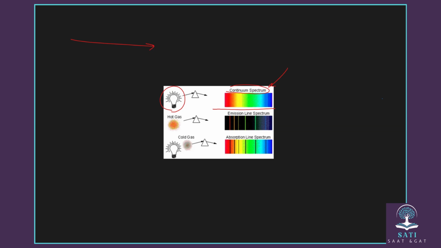That means, as you see, it has gradual colors without distance between them. Okay, if we have an object, and all these colors are shined on this element, what will happen? As we said, these elements have electrons, and these electrons absorb some of the energy of this light to go from lower to higher energy levels.